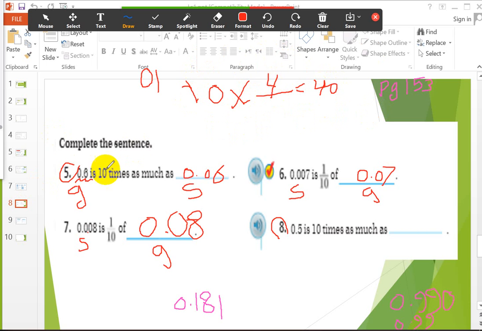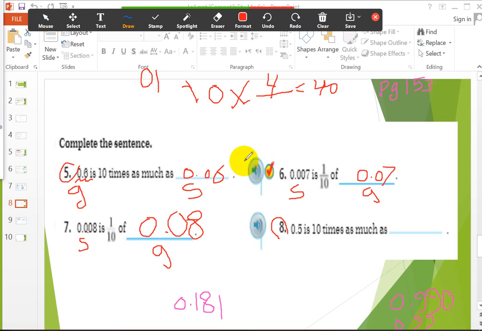The same idea is in this sentence, but it's written for decimal numbers and in words, not as an expression. So when I told you 40 is 10 times as much as a missing number, the missing number will be 4, right?